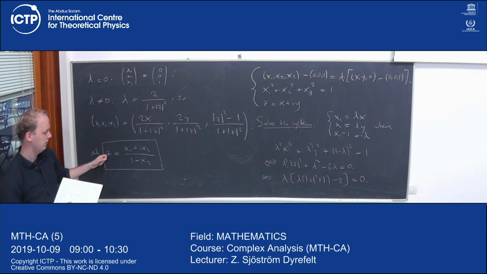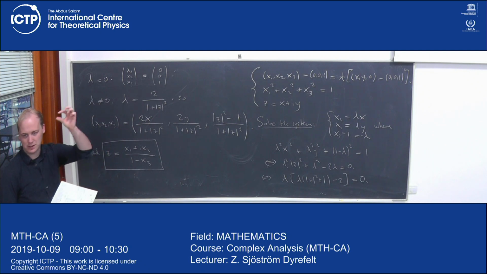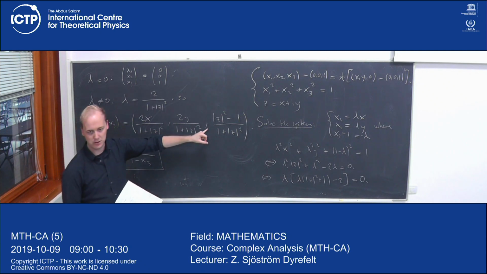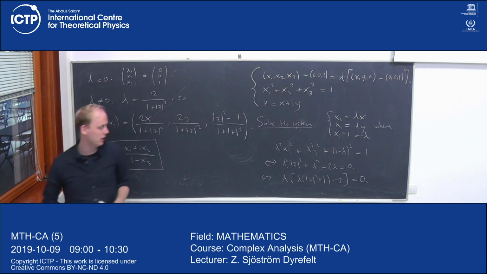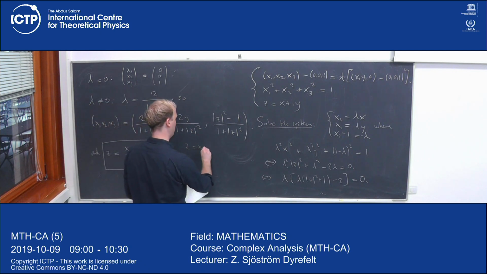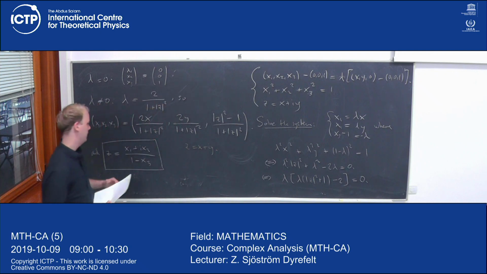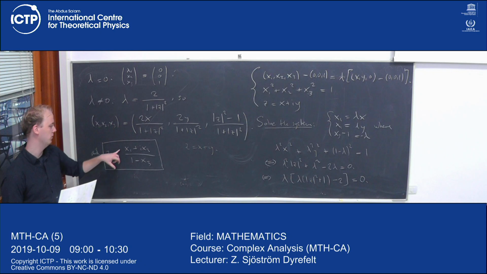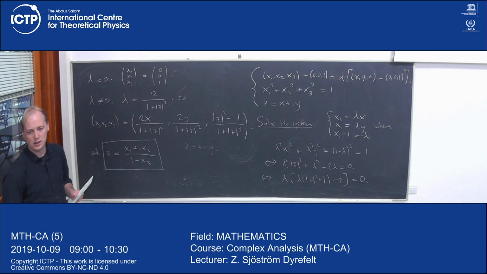So if you start with z equals x plus iy in the plane, and you associate z with this x1, x2, x3 on the sphere, then x1, x2, x3 is written like this in terms of the coordinates for z. And if you're given the coordinates on the sphere, then you can see that it comes from z equals x1 plus i x2, divided by this. Okay?